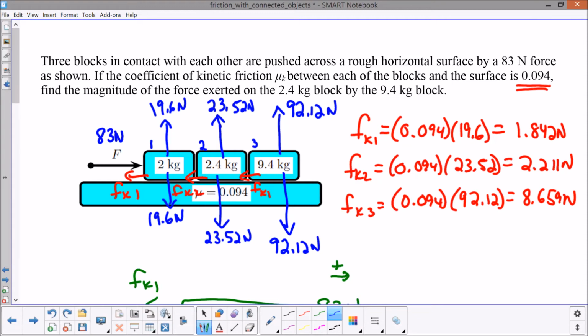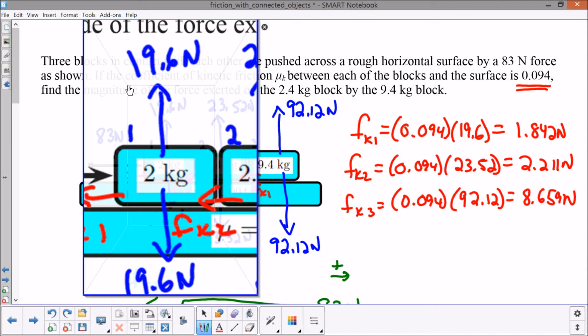Again, we could go back. We could have found the force of box 1 on box 2. We can look at any of these contact forces. Looking at this, if I look at box 1 by itself, there would be 83 newtons pushing on it to the right.